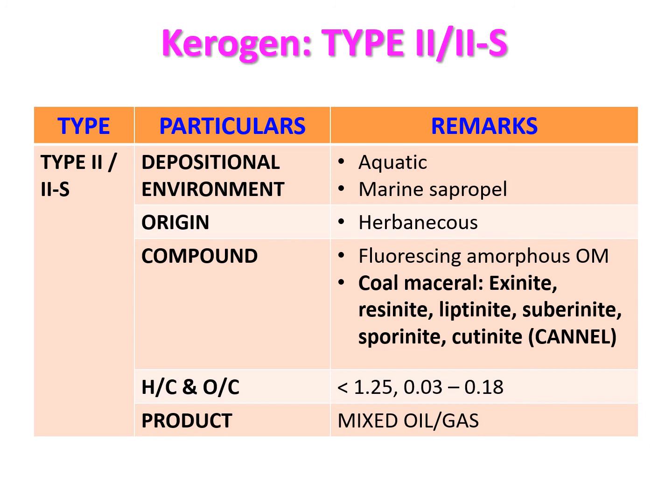Basically, the coal that contains high kerogen type 2 will be classified as cannel coal. The H/C is less than 1.25 and O/C is 0.03 to 0.15, and the hydrocarbon product is basically a mix of oil and gas.